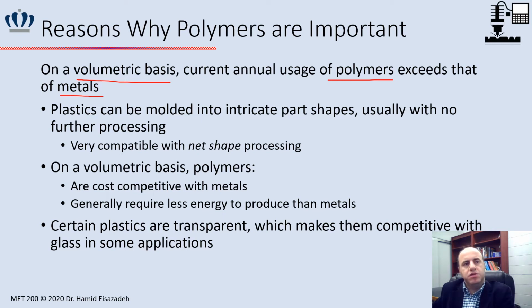And the good thing about plastic is that it can be molded into intricate parts. Then you don't need further processing, which is very compatible with net shape processing. One of the net shape processes we are using these days is called AM, additive manufacturing.